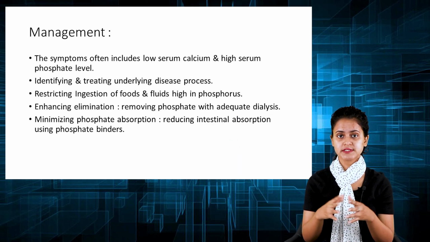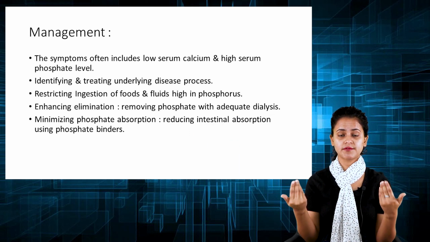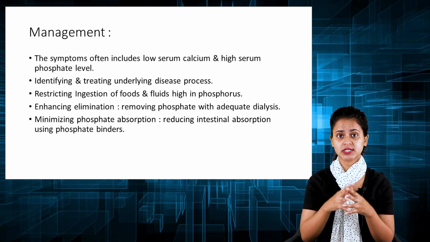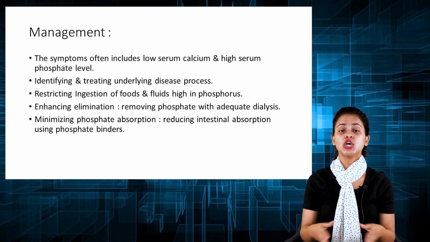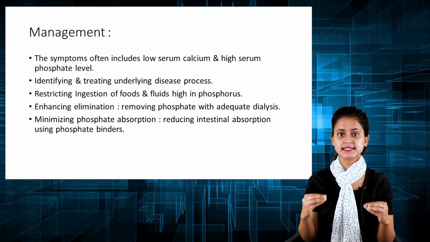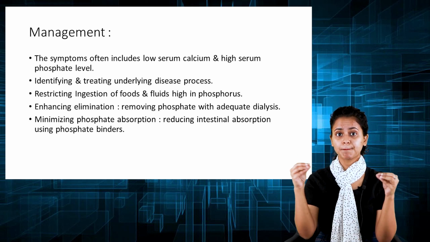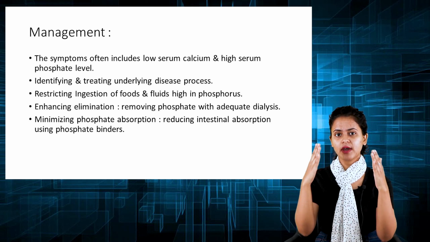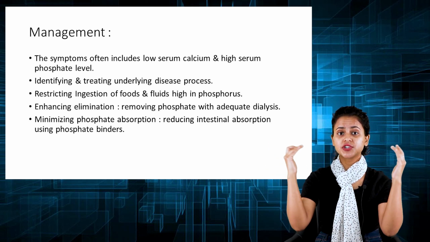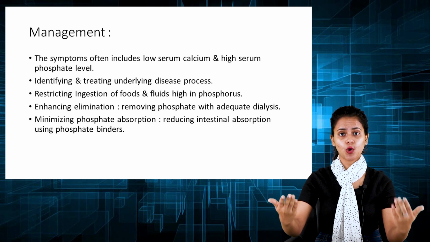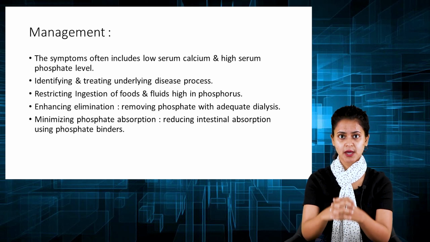Minimizing phosphate absorption also plays a very important role in managing the client with hyperphosphatemia. Reducing intestinal absorption by using phosphate binders plays a very important role in the reduction or prevention of hyperphosphatemia progression.